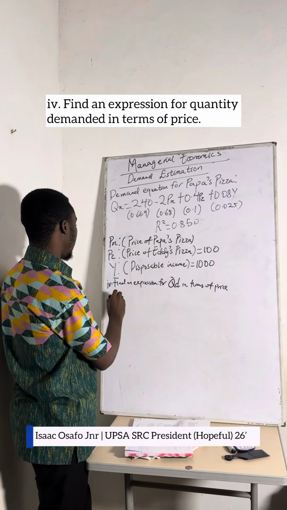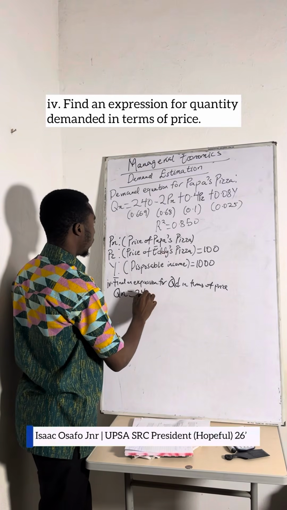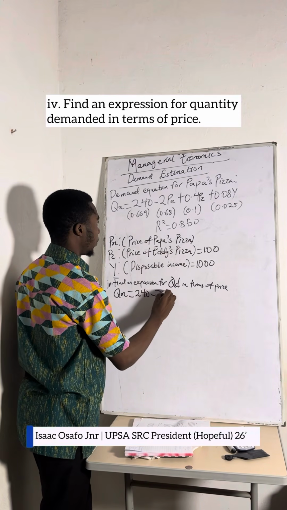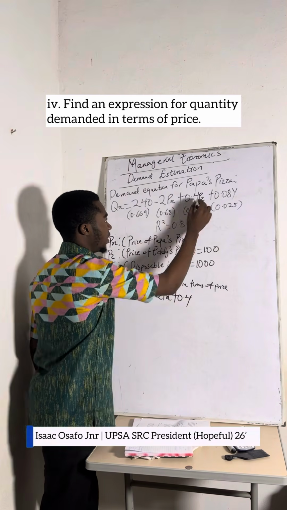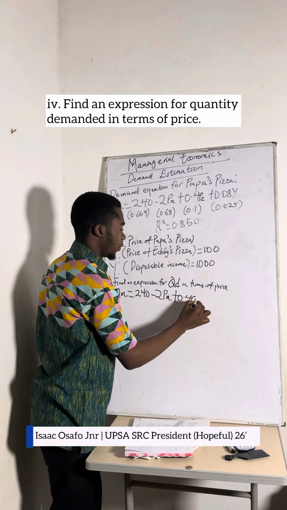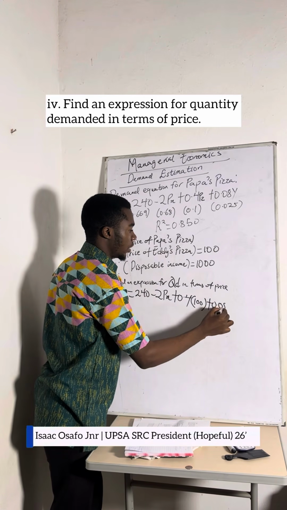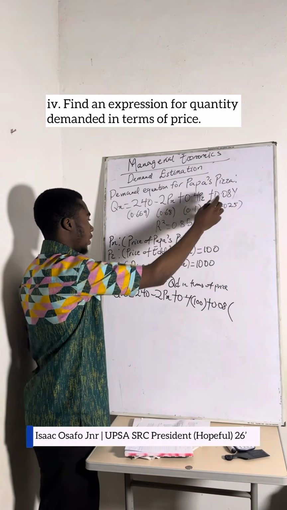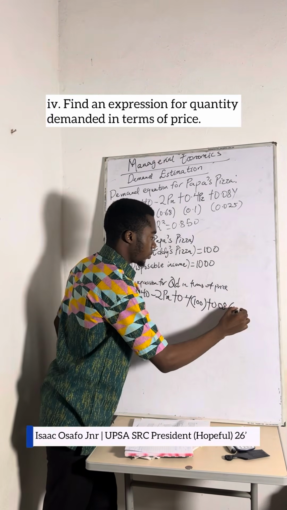So we are going to get QX is equal to 240 minus 2PX, then plus 0.4 PZ. Our PZ also, they give it to us as 100. So 0.4 into brackets 100, plus 0.08 into brackets Y. Our Y is what? 1000.